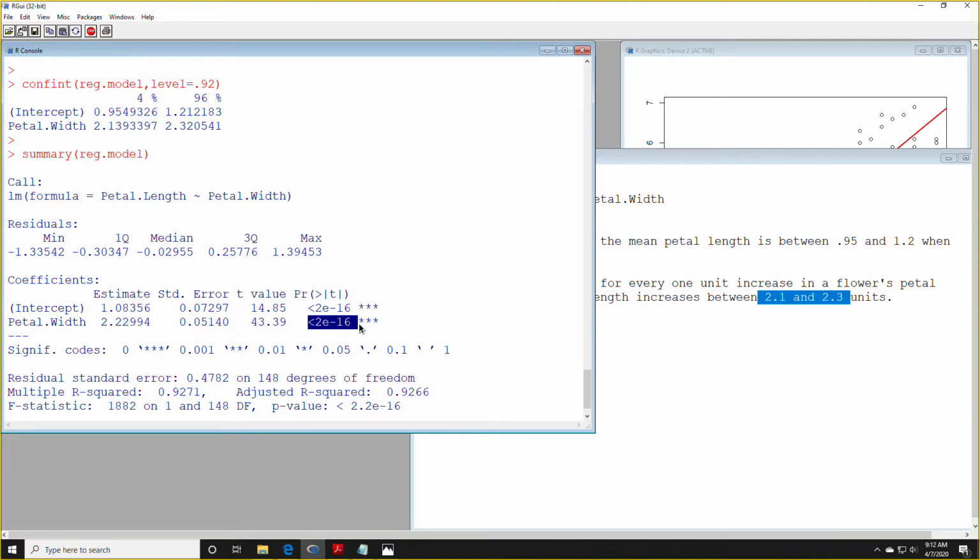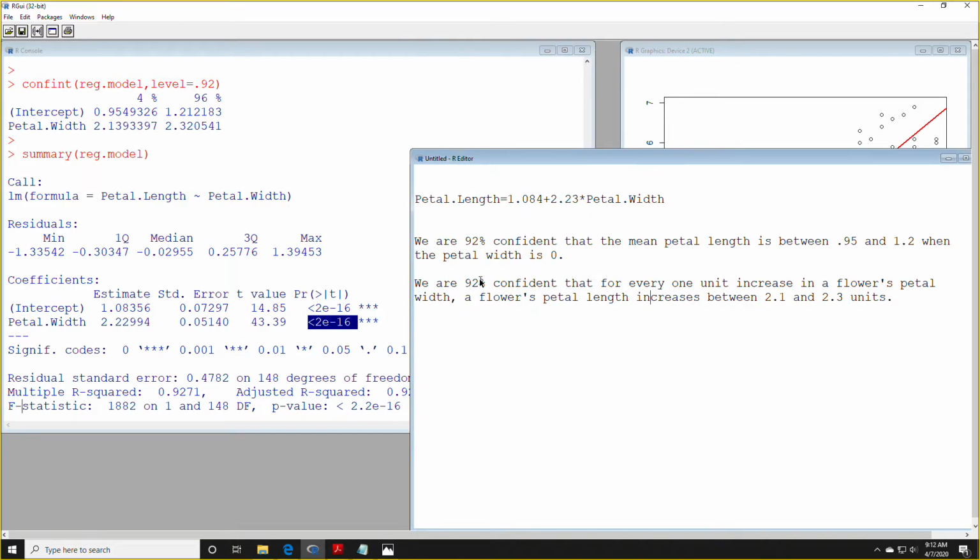Let's just go ahead and relate it to this confidence interval. Recalling what would be the alpha related to this confidence interval, it would be 0.08.